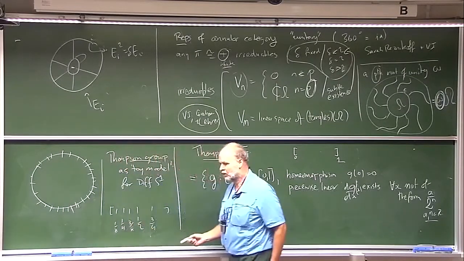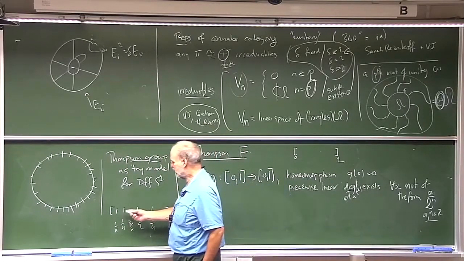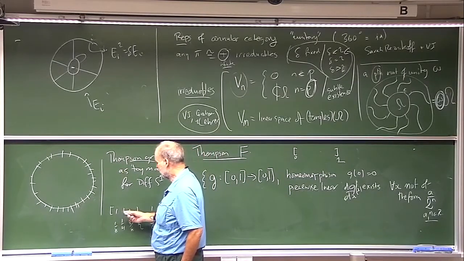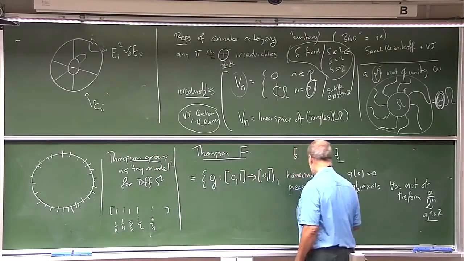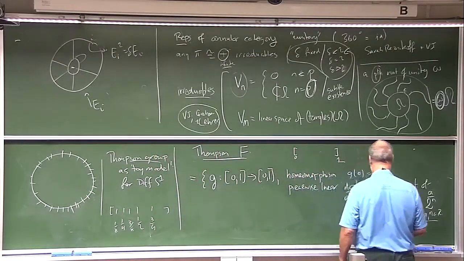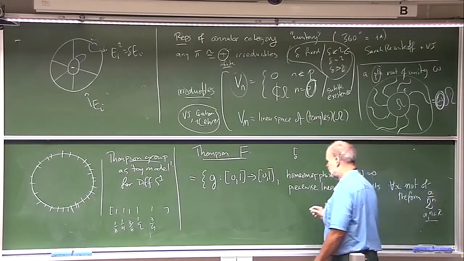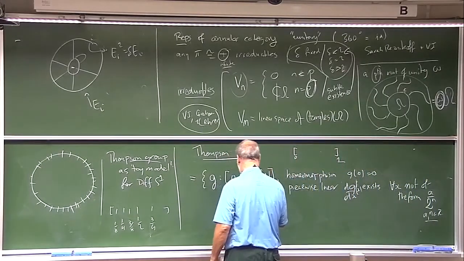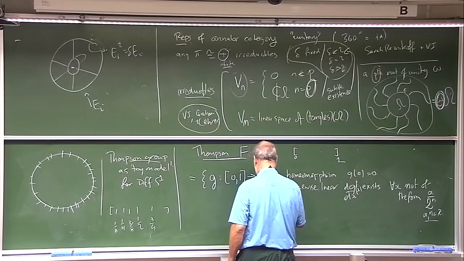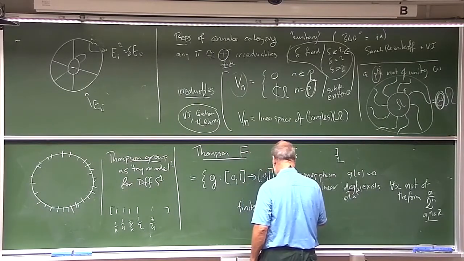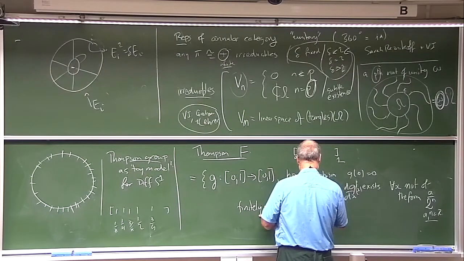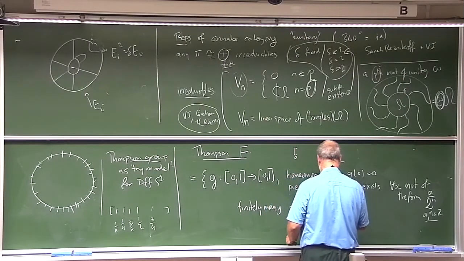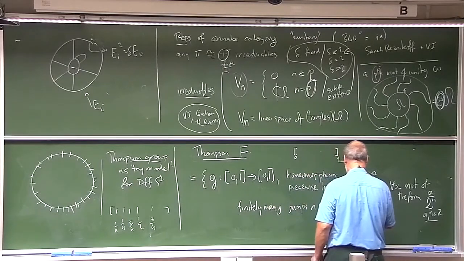So for an element of the Thompson group, its slope exists except possibly at these points. Finitely many. So there's finitely many discontinuities. Here's another way of saying the same thing: finitely many jumps in g'(x), all at dyadic rationals.